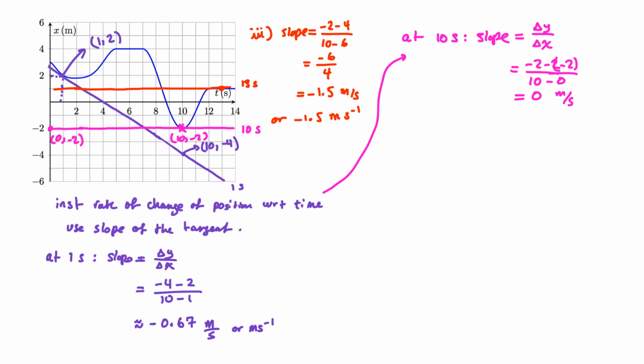And for my last one at 13 seconds, my slope. If it's a flat line, and if you're sure it's a flat line, I'm okay with you folks just saying the slope is equal to 0 meters per second.